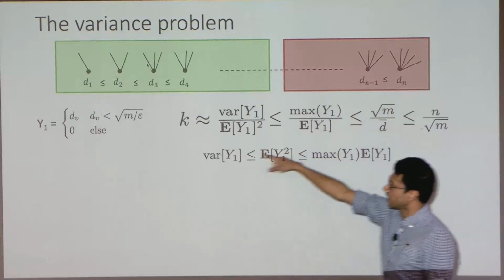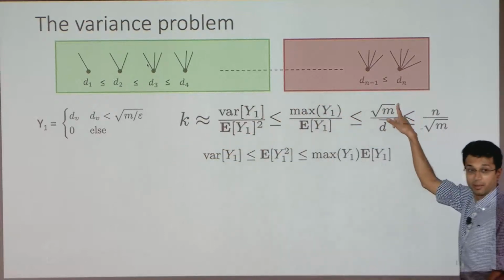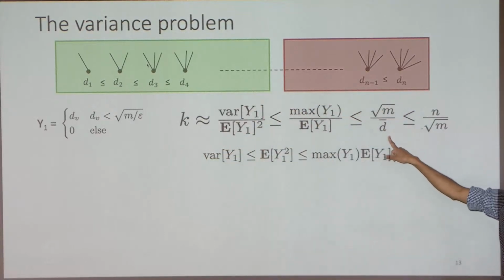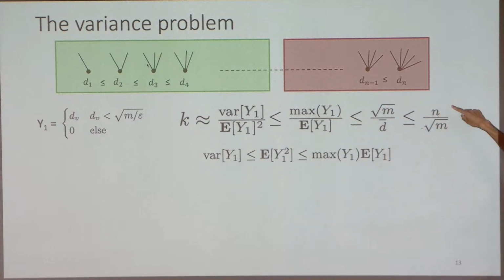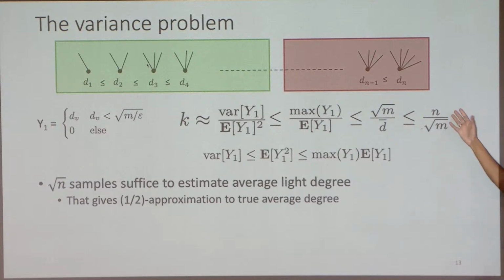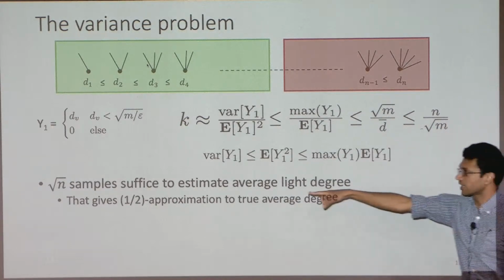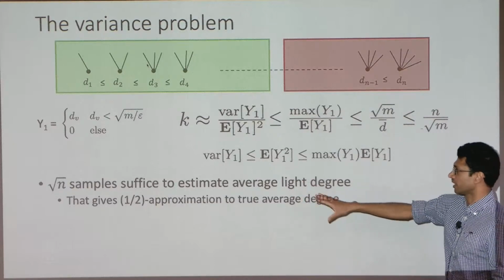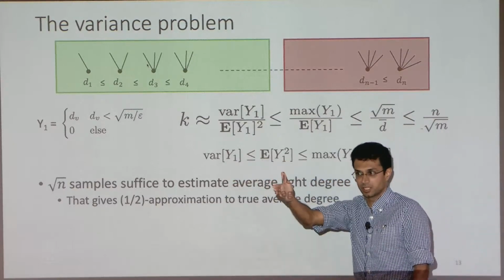Now what is the max value this can have? It's basically root m divided by the average degree, which I can also write as n divided by root m. Okay. So what this is saying is as long as m is at least n, root n samples suffice to estimate the average light degree.